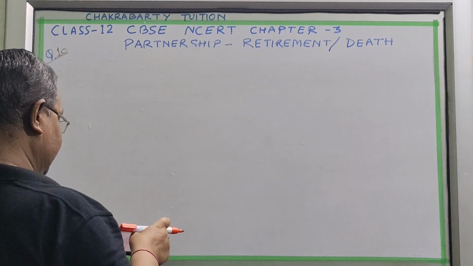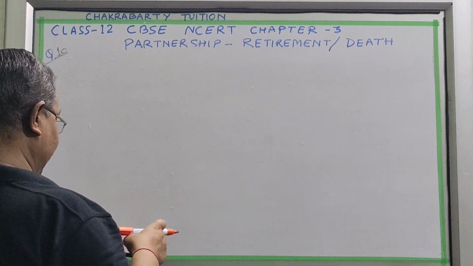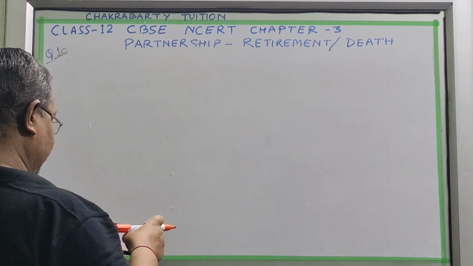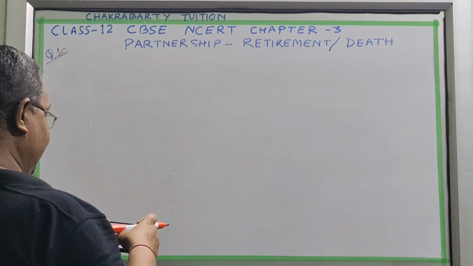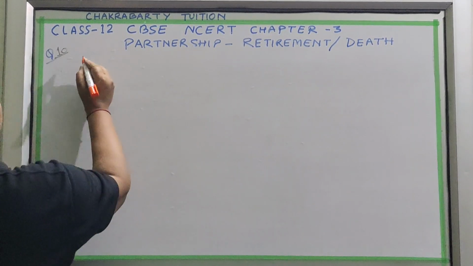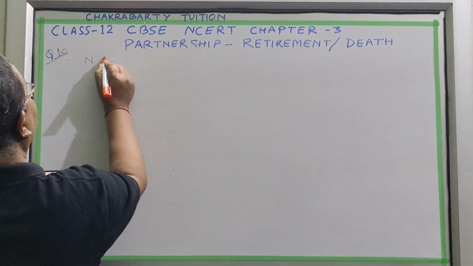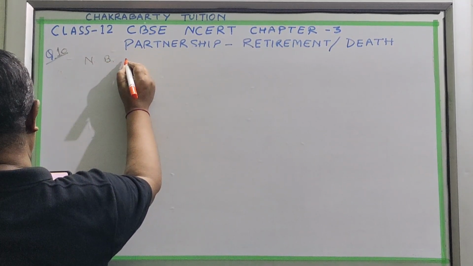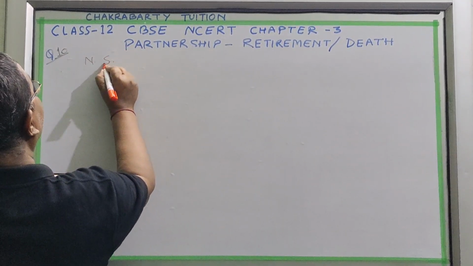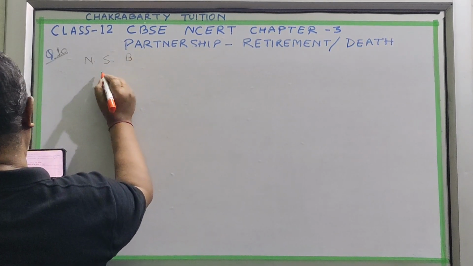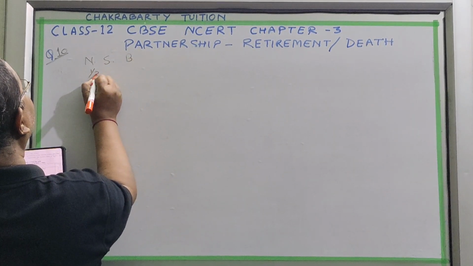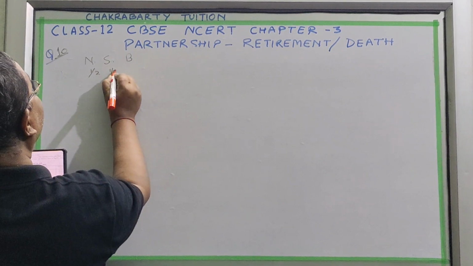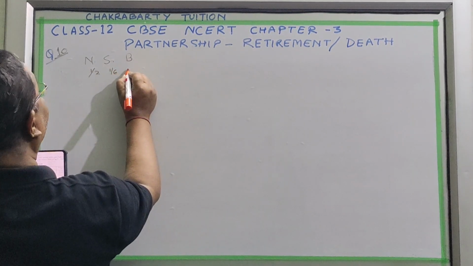Question number 10. Here three partners are there: Narang, Bajaj and Suri, and their capital ratio is 1/2, 1/6 and 1/3.